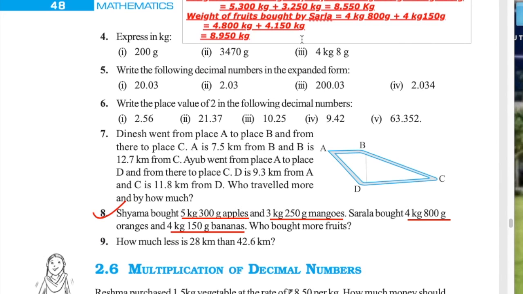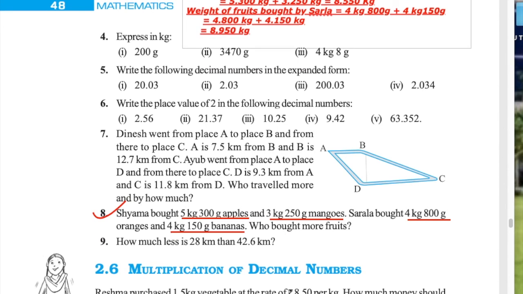So who bought more fruits? Sarla bought 8 kilogram 950 gram and Shama bought 8 kilogram 550 gram. So who bought more?